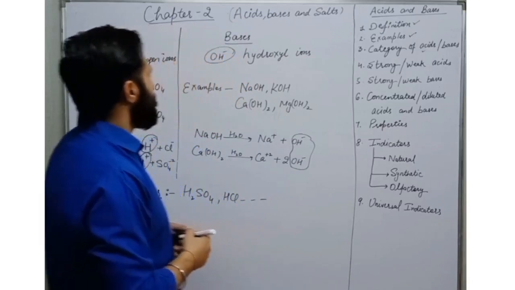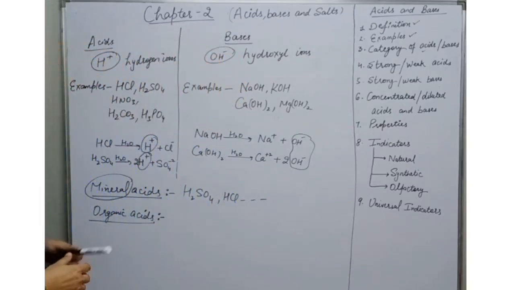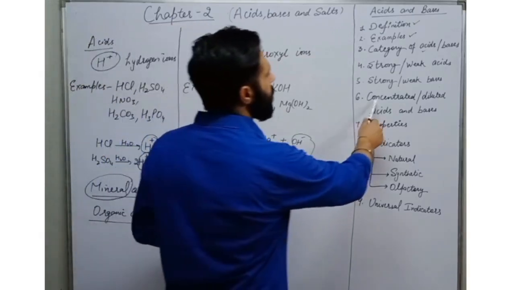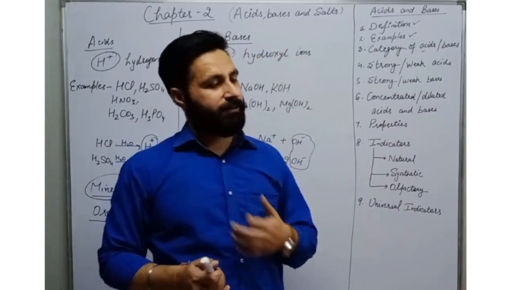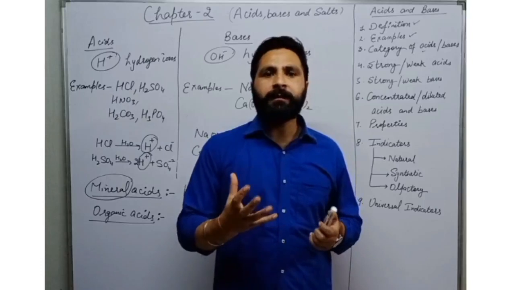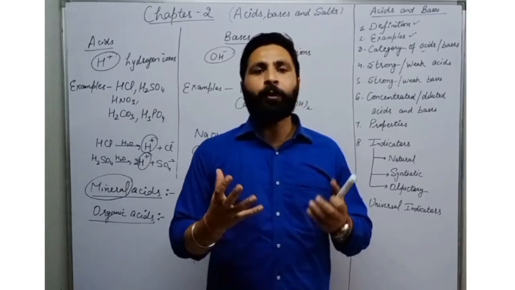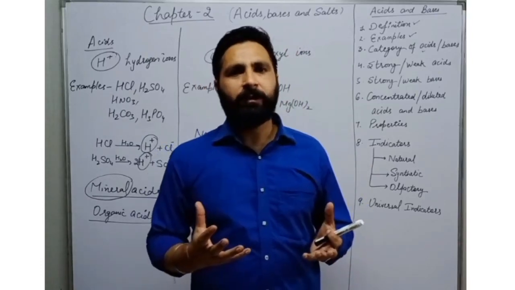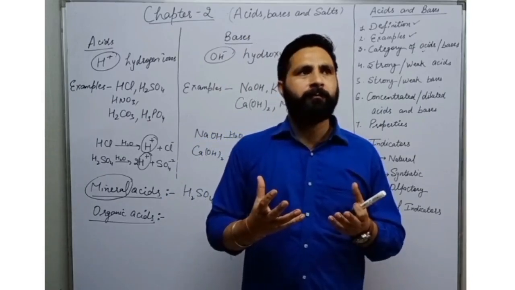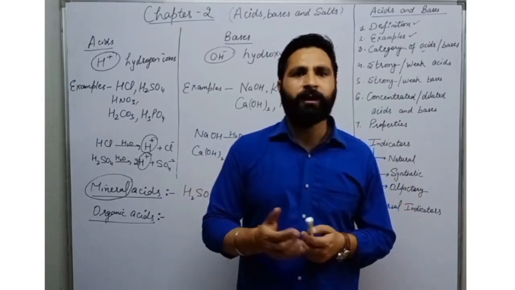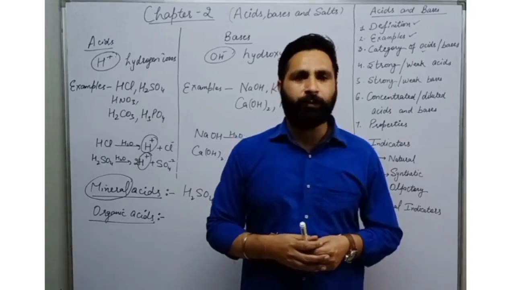So now beta, what is a concentrated acid or concentrated base, dilute acid or dilute base? Beta, concentrated means the pure form, in which no water is added, or just 1% or 2%.